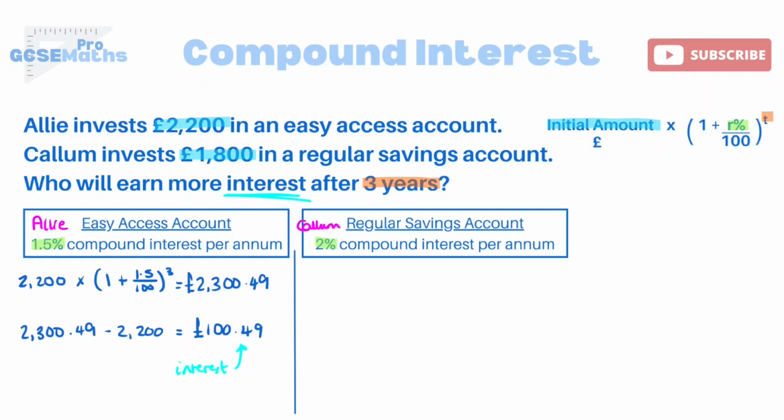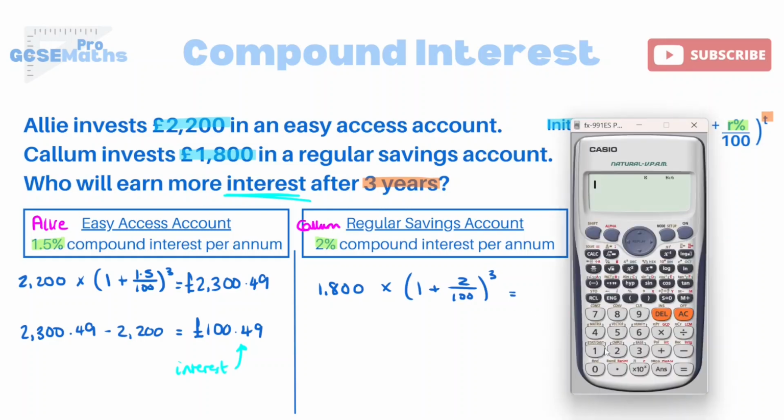So we've done Allie, now we just need to do Callum. Now we're going to do exactly the same thing, but obviously remember, he's got different numbers. So his initial amount is 1,800 times by 1 plus his percentage is 2, so 2 over 100, and still for 3 years. So we bring the calculator back, we type in Callum's version.